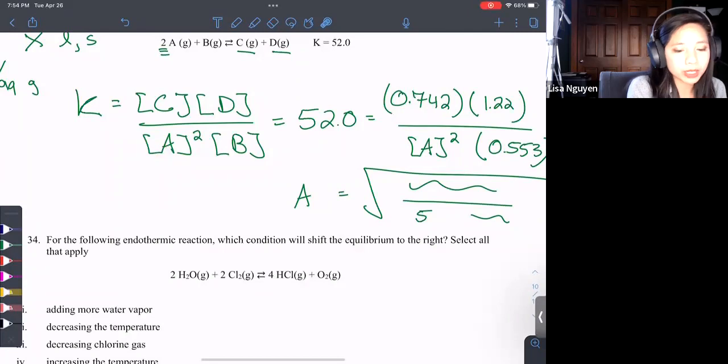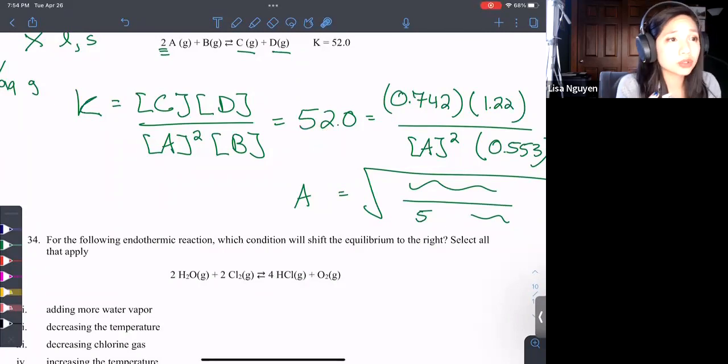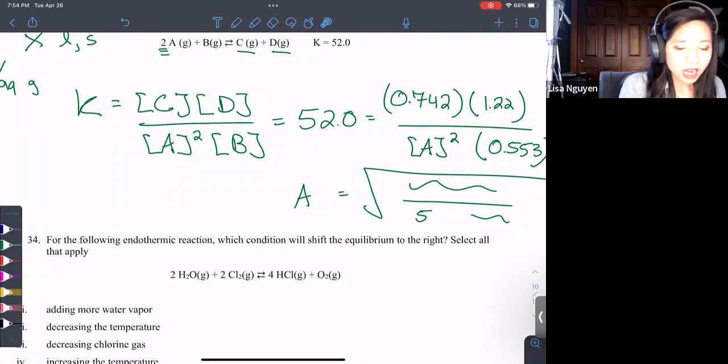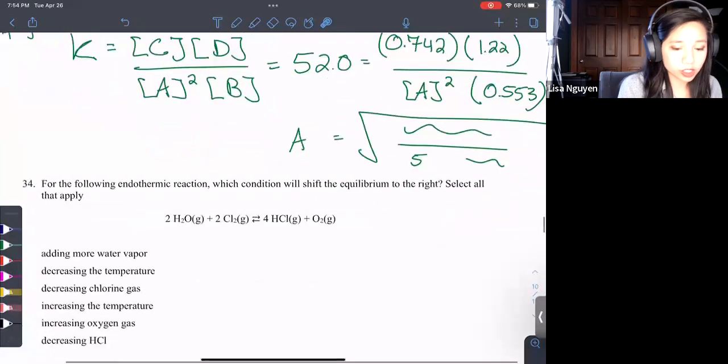What if we remove some A in the reaction? The calculation of K changes. In order for the reaction to get back to K, to get back to 52, we have to adjust the reaction. If we take away some A, which is a reactant, the reaction has to fill up the void of A, and that's how we get back to 52. That's essentially what Le Chatelier's principle is.